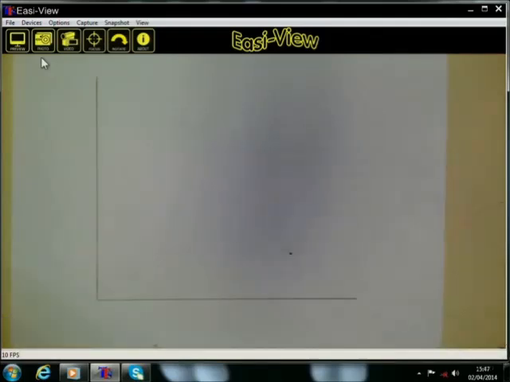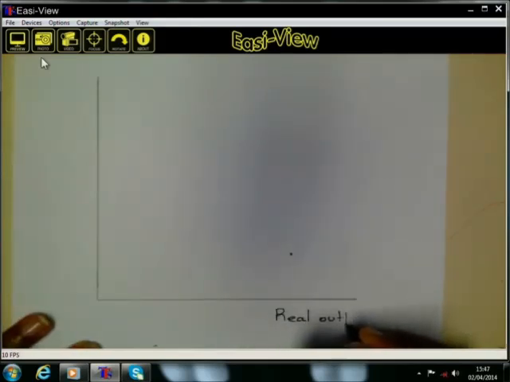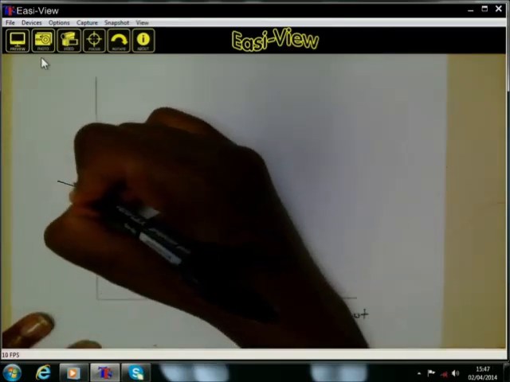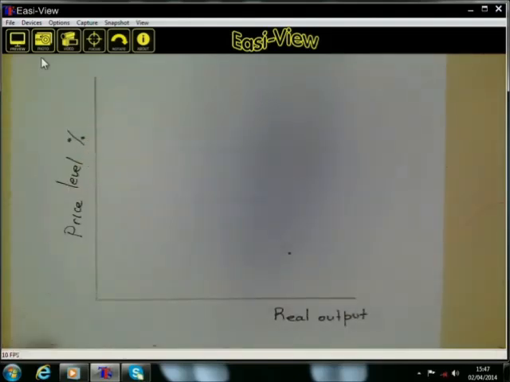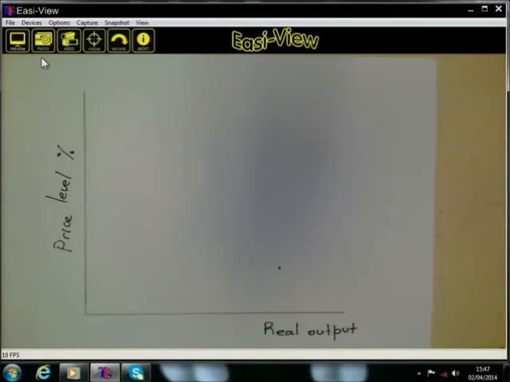So there we have it. Let's see how this happens. On this axis we have real output, and on this side we have price level. Right then. So now what are we saying?